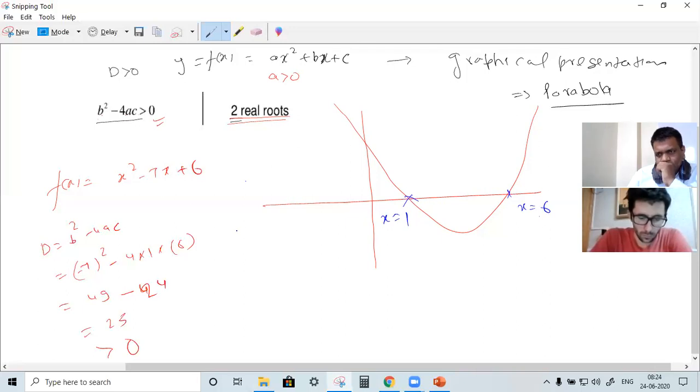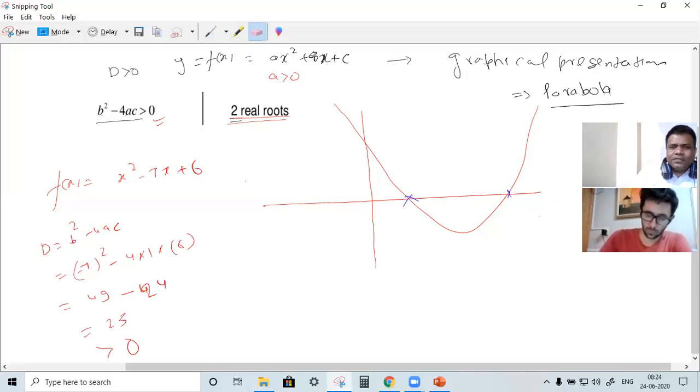Right. So let me generalize this. Let us not go with particular numbers. You'll be getting two roots, one is x equal to x1 here, and here x equal to x2.